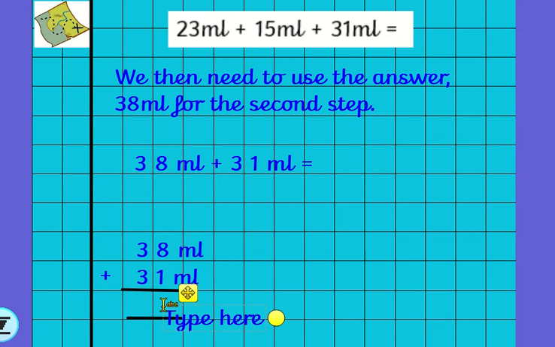So we know that 8 add 1 is 9, and we know that 3 add 3 is 6. But like I said before, please remember your millilitre sign. Okay, so we've then solved that in two steps. First of all, by doing that bit, then the total of that, adding that to that bit.